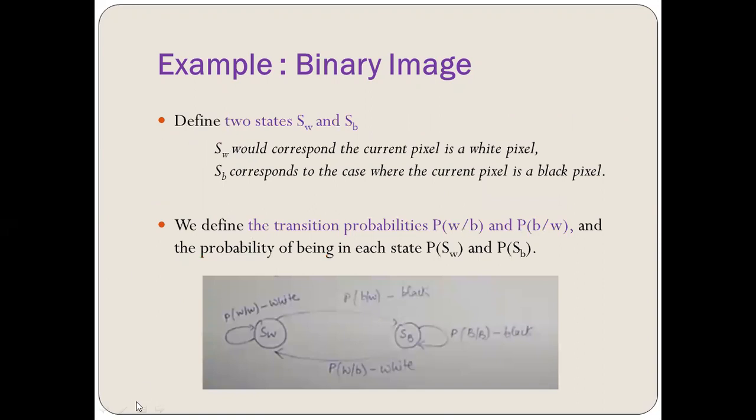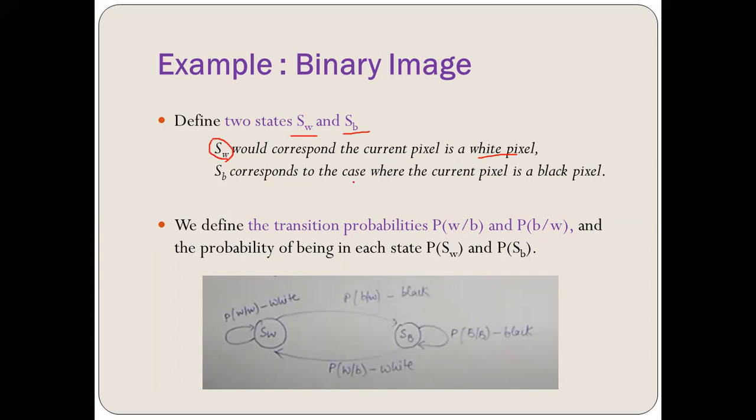So I define these two states with the help of the symbols SW and SB. SW corresponds to the state when the current pixel is a white pixel. That is why I have written S for state and W for white, so this represents the white state.